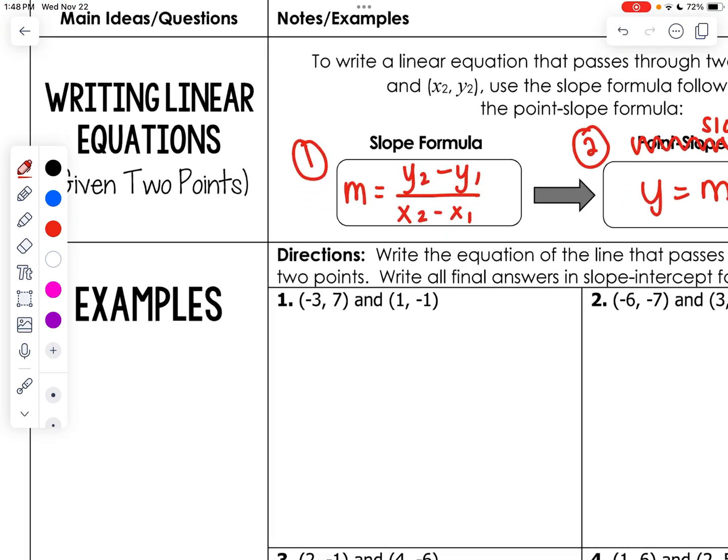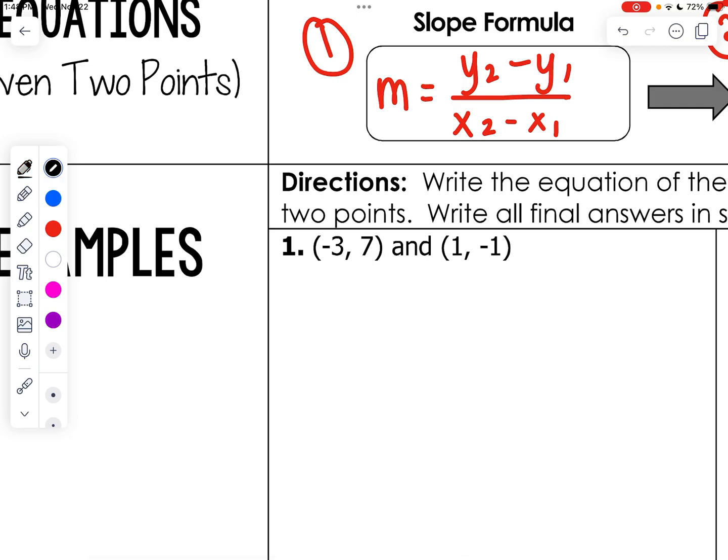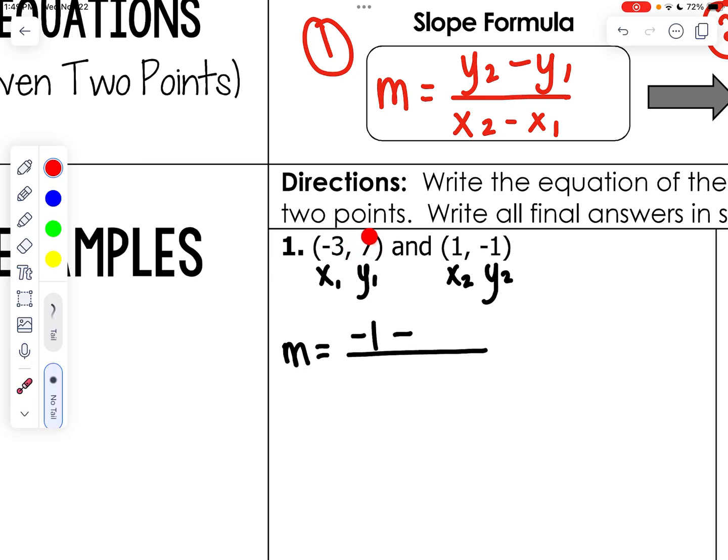So I'm going to zoom in here and we're going to write x1. Both of these points are xy. Remember, a point is always xy. This is my first point and this is my second point. That's why I label them with 1s and then 2s. And when we plug it into our formula, y2 is -1 minus y1 is 7.